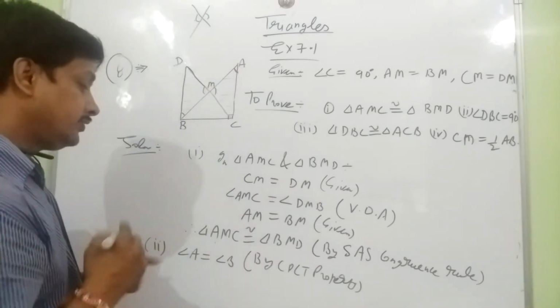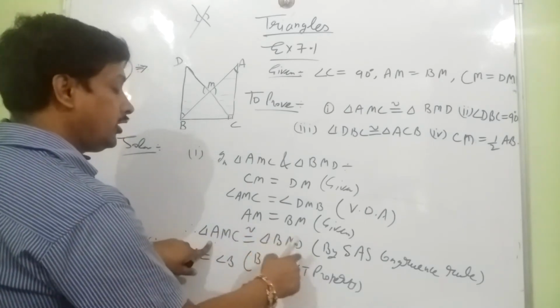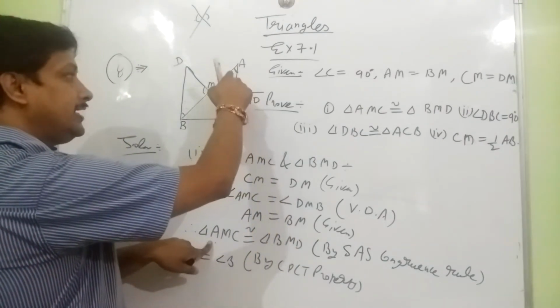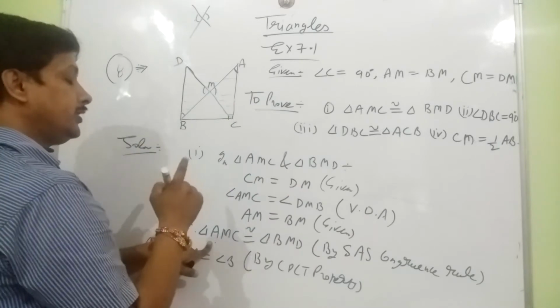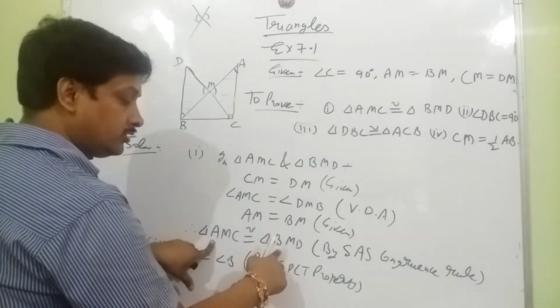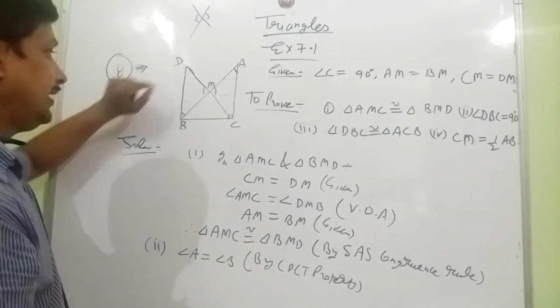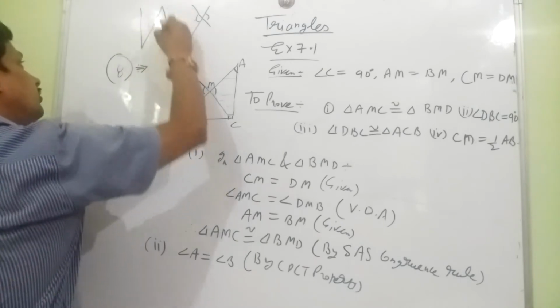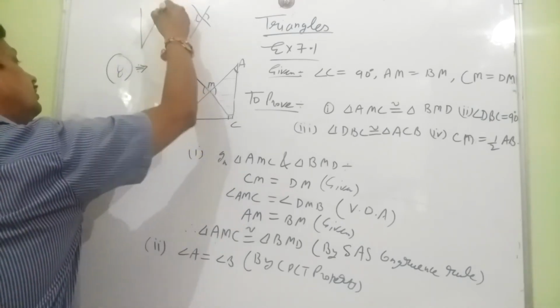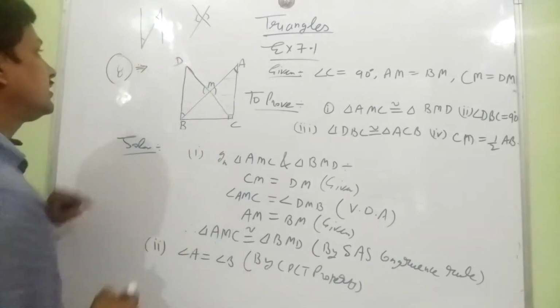But the thing which we have to notice is that angle A will be equal to angle B, not D. Some students write angle A equal to angle D. That is wrong because A is in the first place and here B is in the first place. So A is corresponds to B. Now you know if lines are parallel, which type of angles are these?